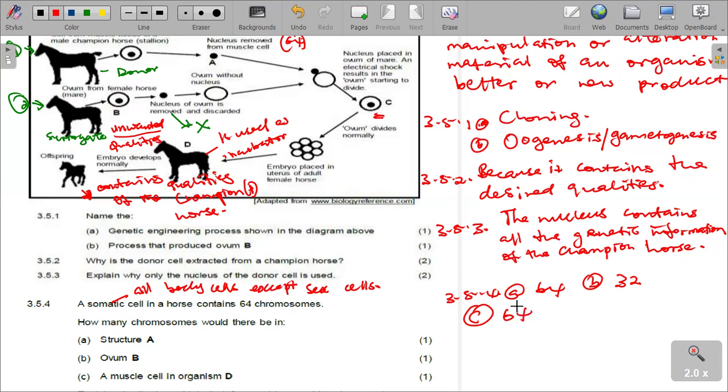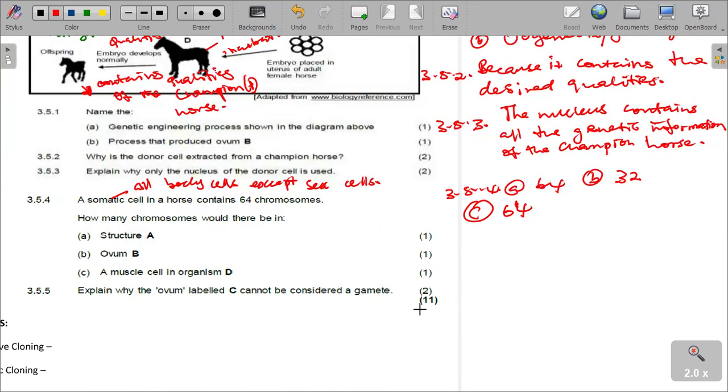We are saying it is 64 chromosomes because it is diploid. So A and C are diploid cells. They contain the full set. Only B contains half because it has undergone the process of meiosis.